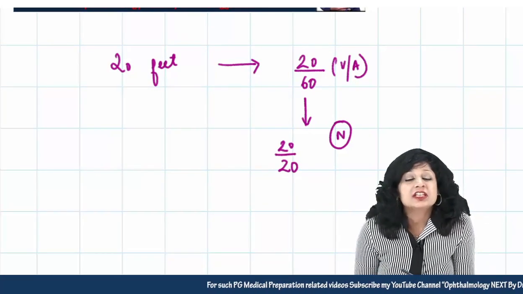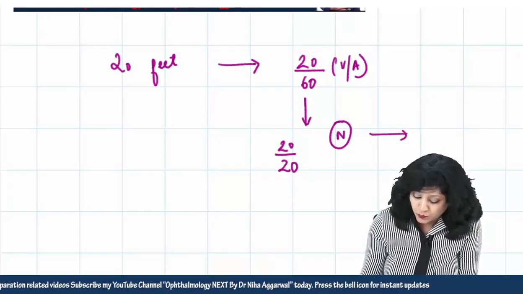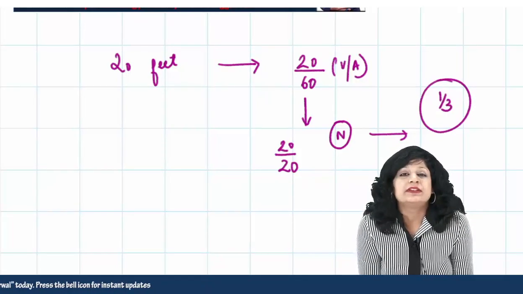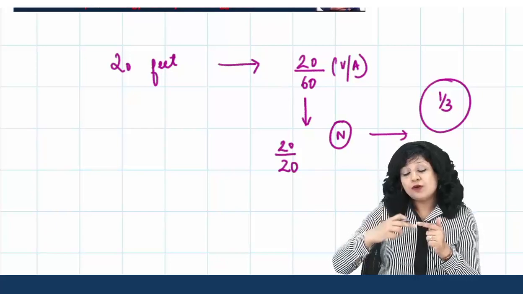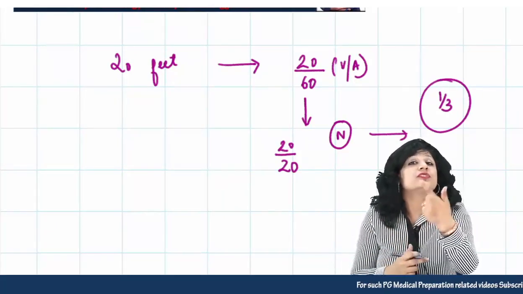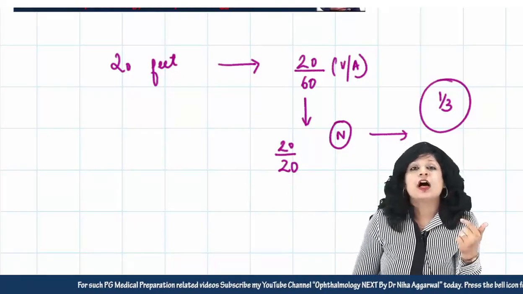How much is the visual acuity of this child? It is actually 1/3. So the child is having the visual acuity 1/3 of the normal one. So that means how far she should go in front in order to see that normal letter. Normal is 20 by 20 line. So how far she goes?